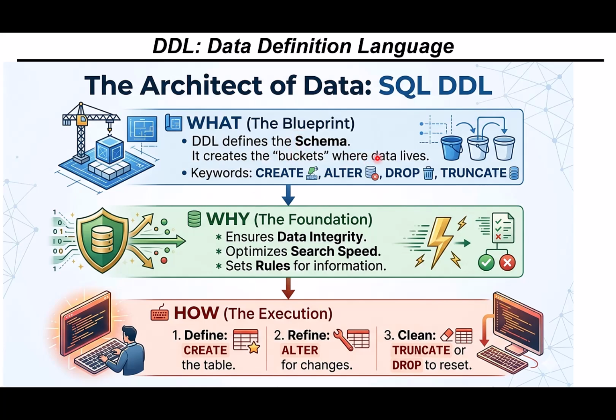The schema is equivalent to, if we say database, the metadata of a database, the structure of the database. It's not the actual data that you will store in the database.